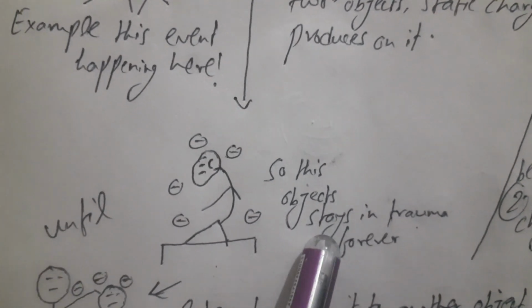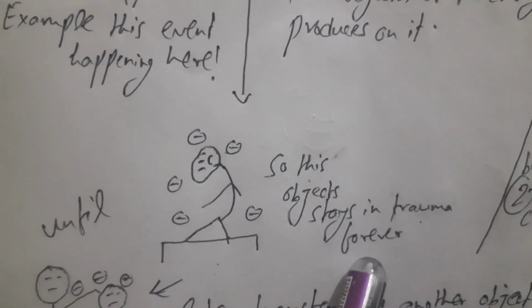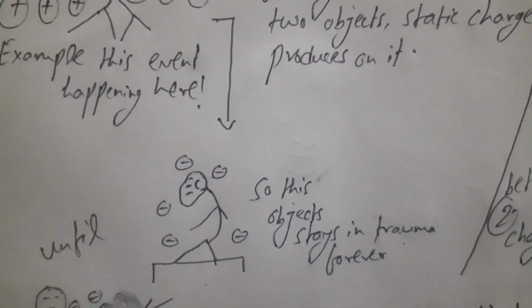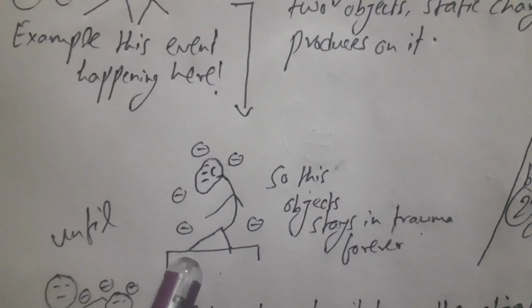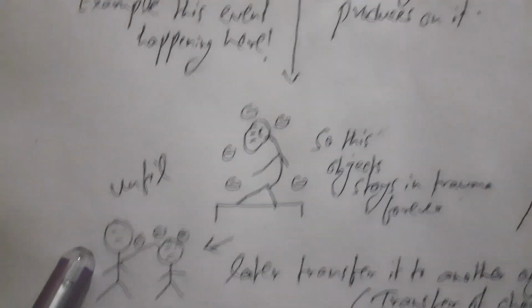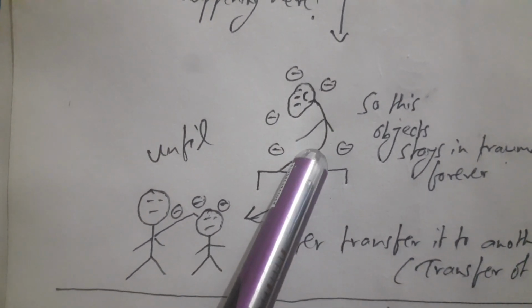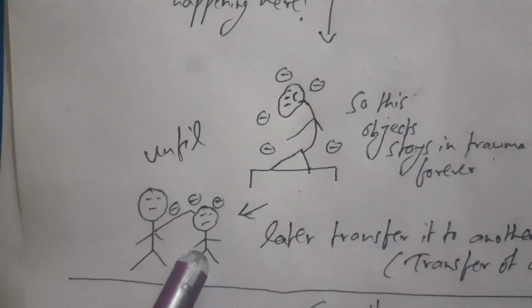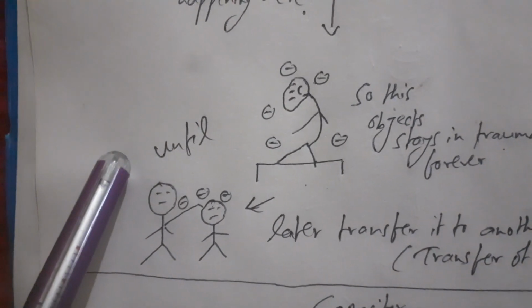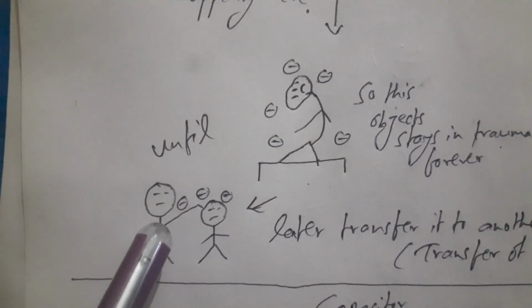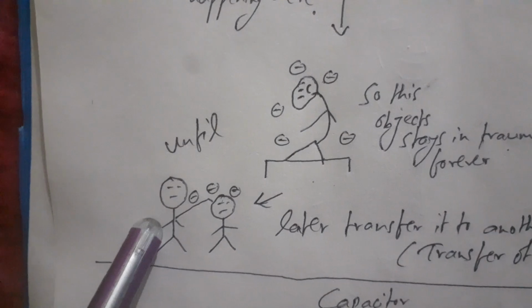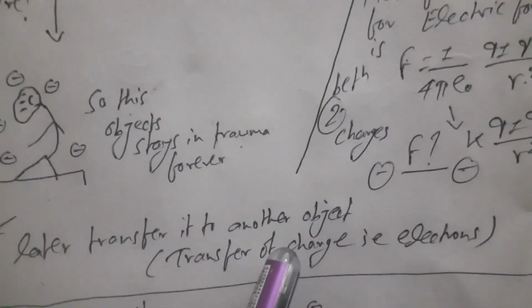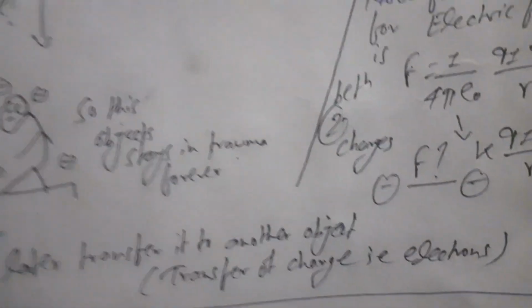This object stays in trauma forever, like in the state of being charged. It has charge from this event until it meets someone else, some new object. Later the charge can be transferred immediately from that object, from the past trauma, to this one. Transfer of charge, that is electrons.